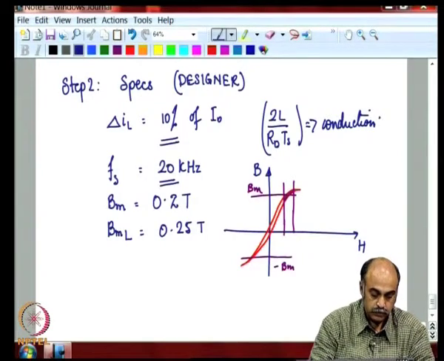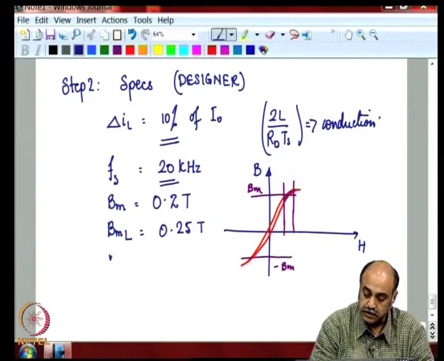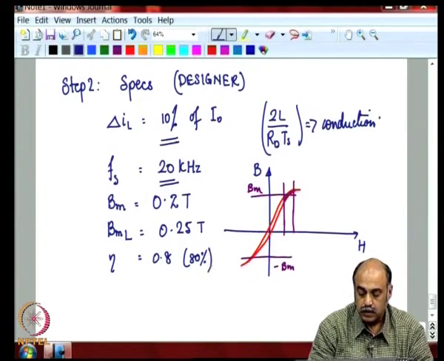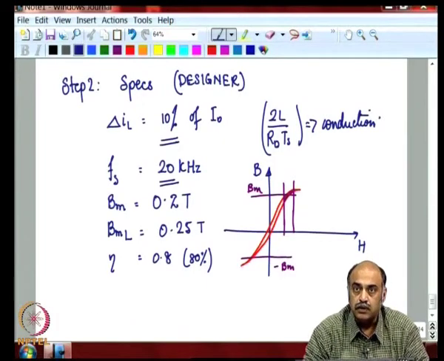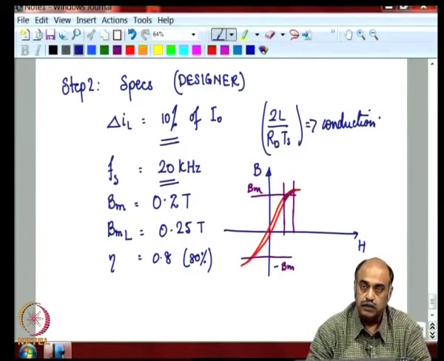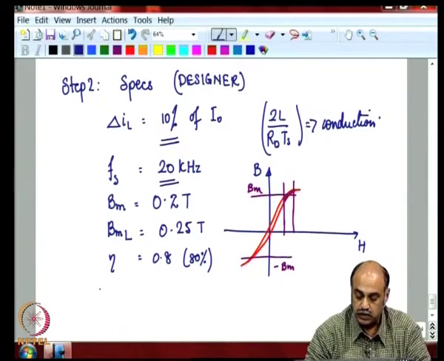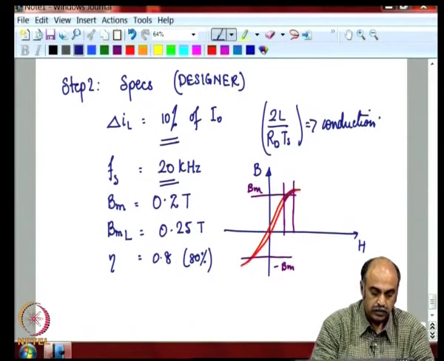Next, you need to have a starting value of efficiencies for the transformers. For low power applications, the efficiency can be as low as 80%. In case you need to rate the input components, like the primary of the transformer, you take an approximate efficiency of 80%, which will be on the conservative side.